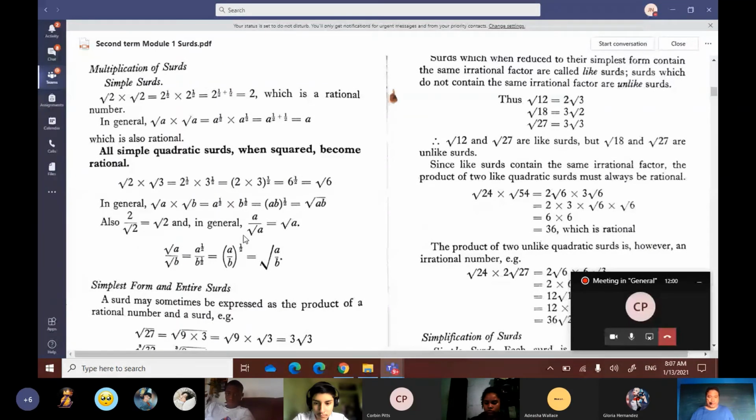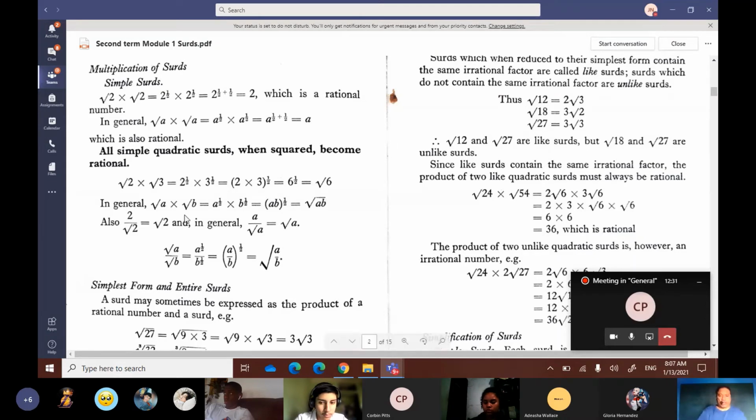Multiplication of surds. It says simple surds such as the root of 2 times the root of 2 equals 2 to the power of a half times 2 to the power of a half, which equals 2 to the half plus a half, which is simply 2 to the first power, or just 2, which is a rational number.